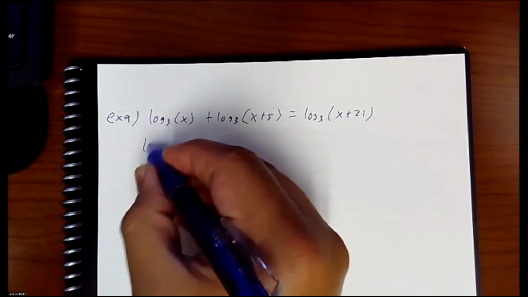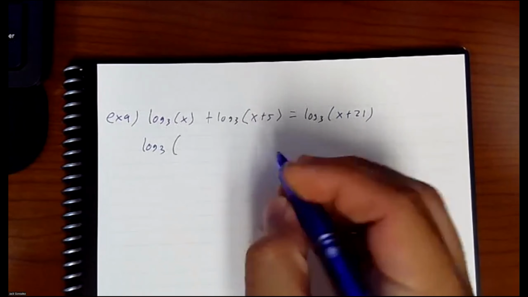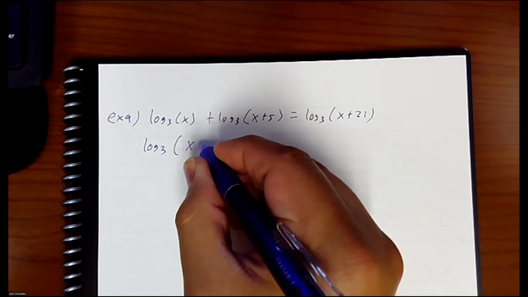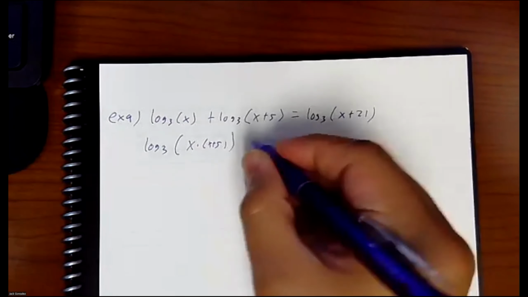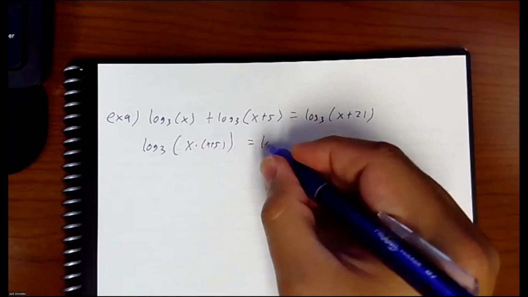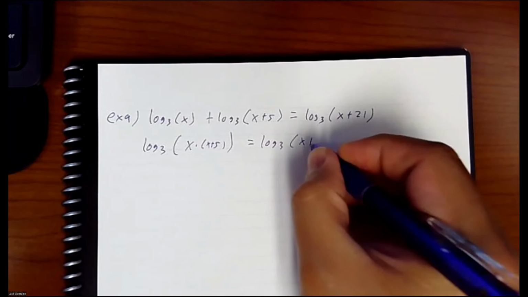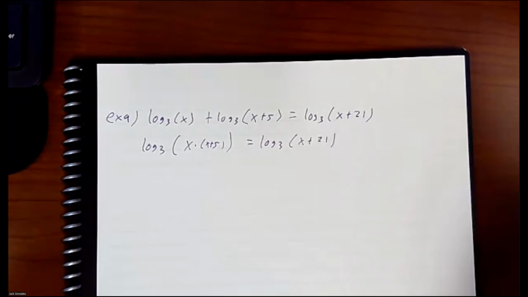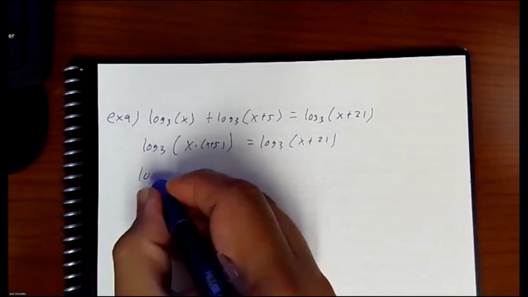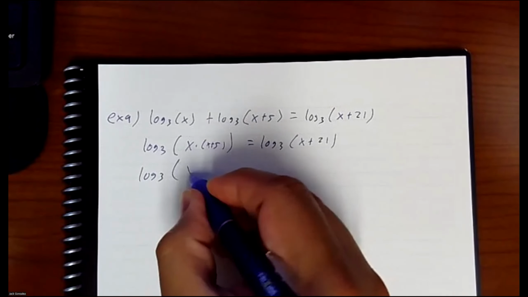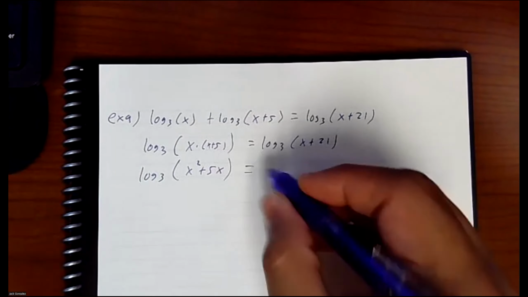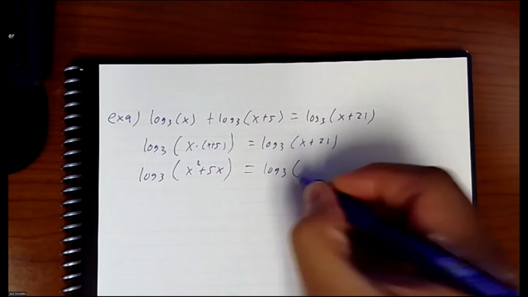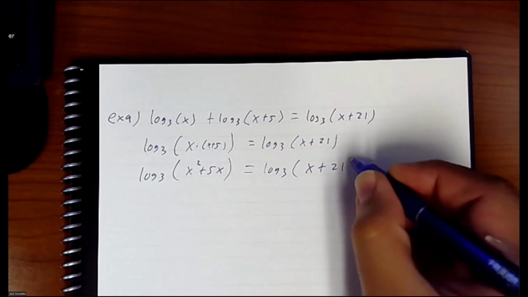So this will be log base 3 of x times (x plus 5). So combine all the logs on both sides if you have them. So this will be log base 3 of x squared plus 5x equal to log base 3 of x plus 21.